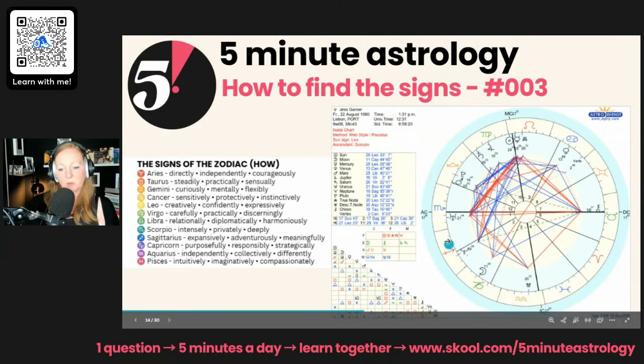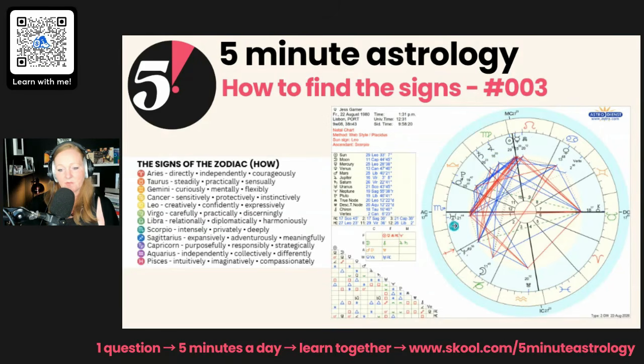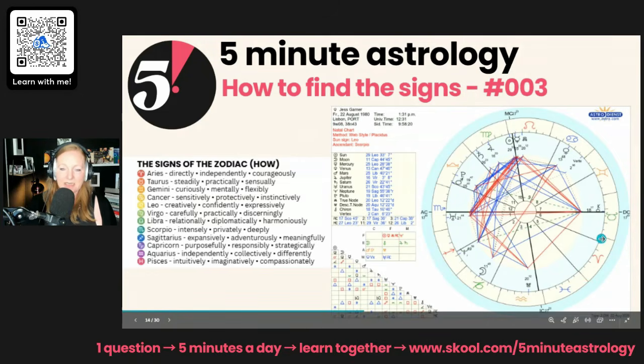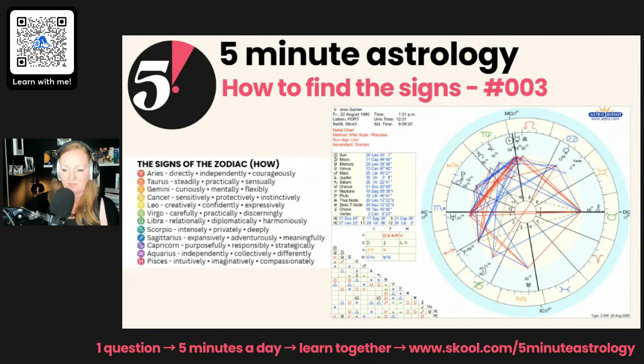And because we've got 12 signs and each of them takes up an equal space, each of the signs occupies 30 degrees, from 0 degrees in Aries right the way through to 29 degrees Aries. In fact, it goes to 29:59. And then it goes to 0 Taurus, all the way through to 29:59 Taurus, and it goes into Gemini and Cancer and Leo. And that's what you're seeing here.